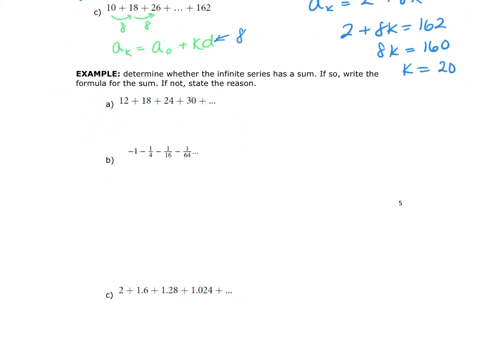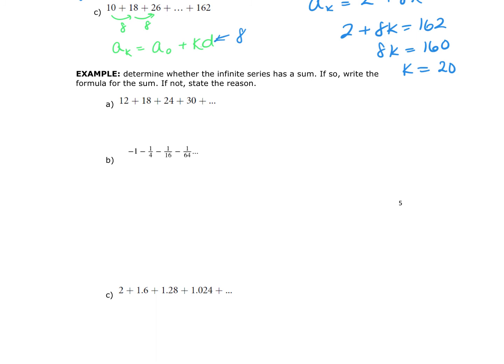Now, we talked about finding sums when they're infinite. So the first thing we do when we have an infinite sum is we decide whether or not it's geometric or arithmetic. Now, if it is arithmetic, we know it is not going to have a sum as a number.